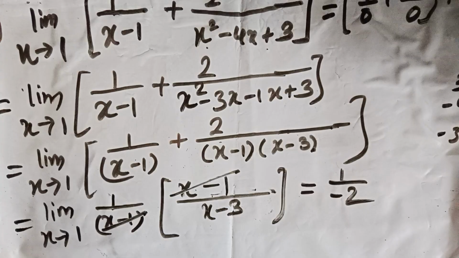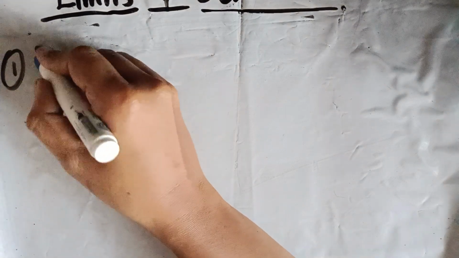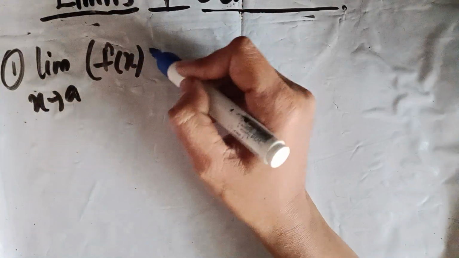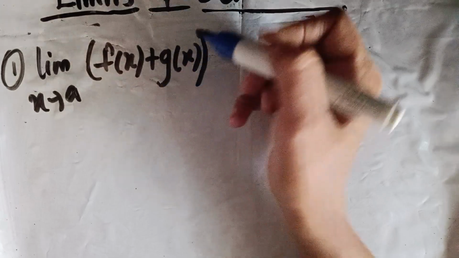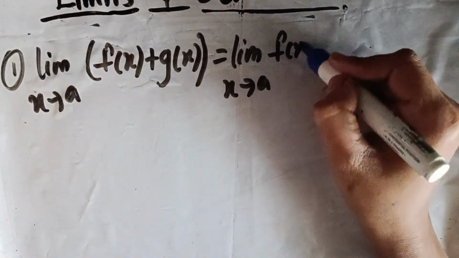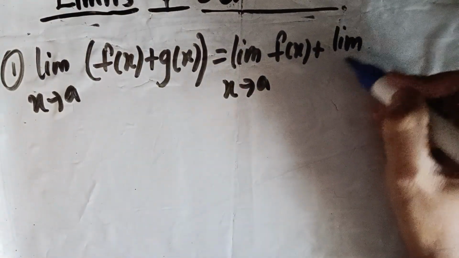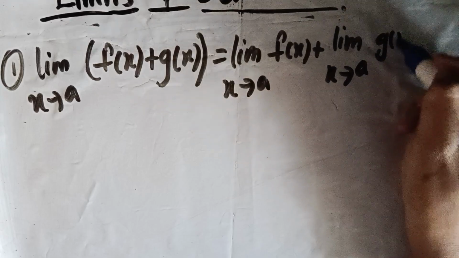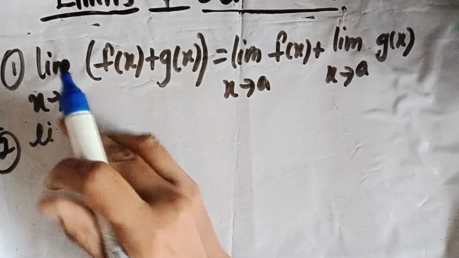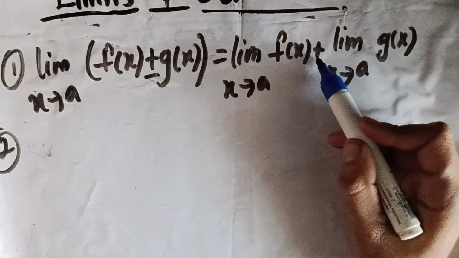minus half. Okay. So we have algebra of limits, that is sum, addition: limit as x tends to a, f of x plus g of x, so we'll get limit as x tends to a, f of x plus limit as x tends to a, g of x. Okay. Then similarly it is for plus or minus.